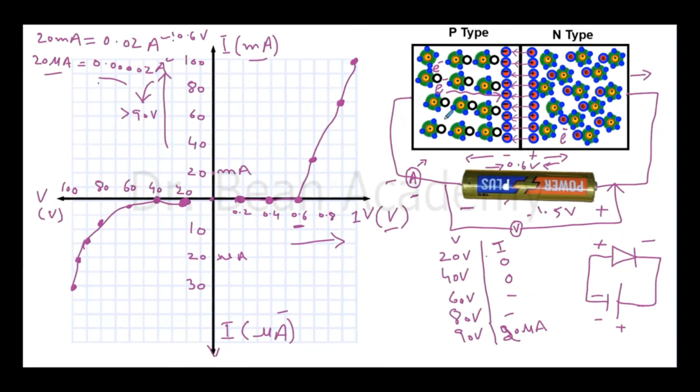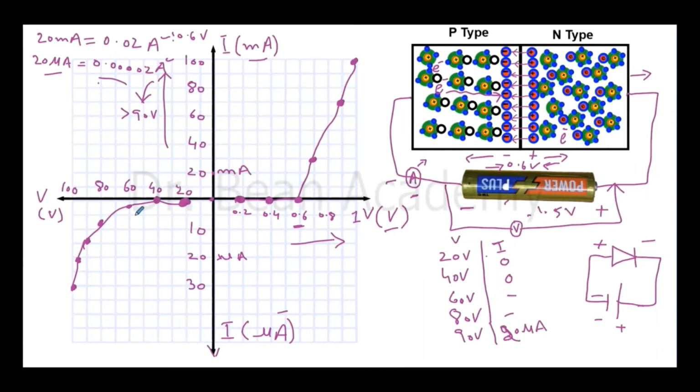And this is the behavior of PN junction in forward bias mode and reverse bias mode. And now you can compare how the forward bias mode and reverse bias mode are different. In the forward, you just need a very small voltage to get very high current. But in the reverse bias, it's actually off.